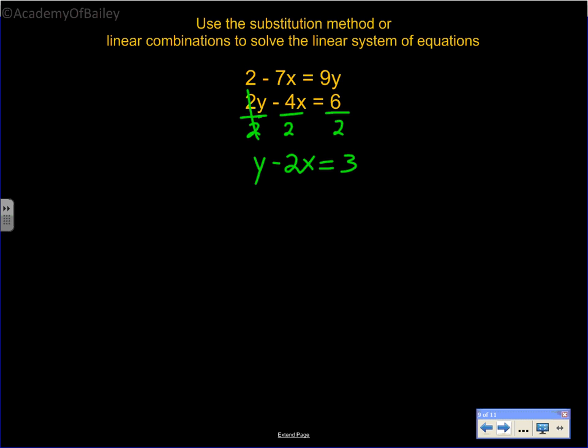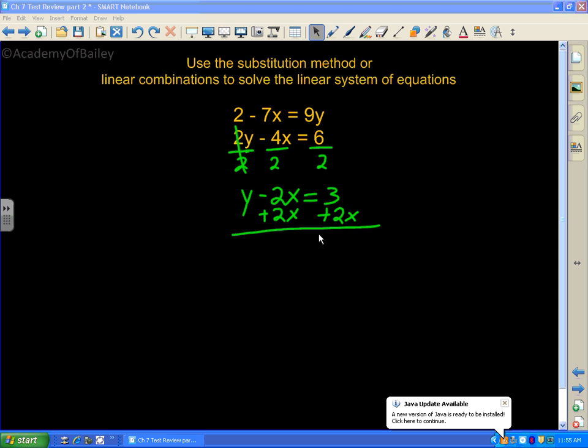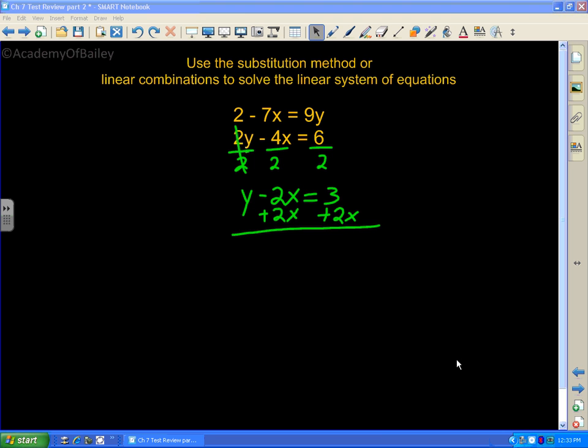And see there, y is by itself, so now I just have to get rid of this 2x. And now I have the equation. Okay, so now we're looking at this equation here.